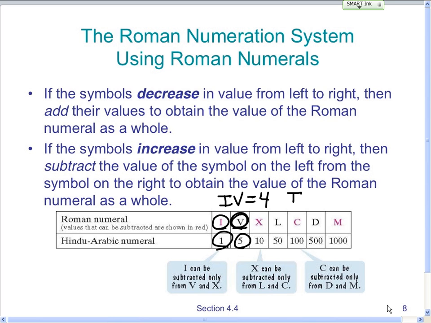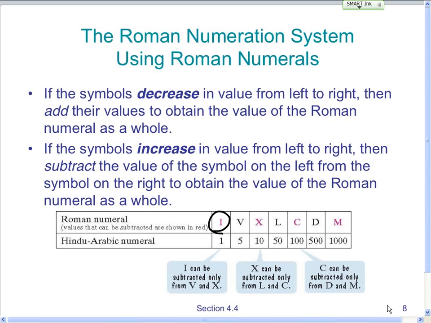I can put an I in front of an X, which is 9, which comes from 10, subtract 1. But you absolutely cannot put an I in front of a C and call it 99. That's not allowed. You can only go 2 up.